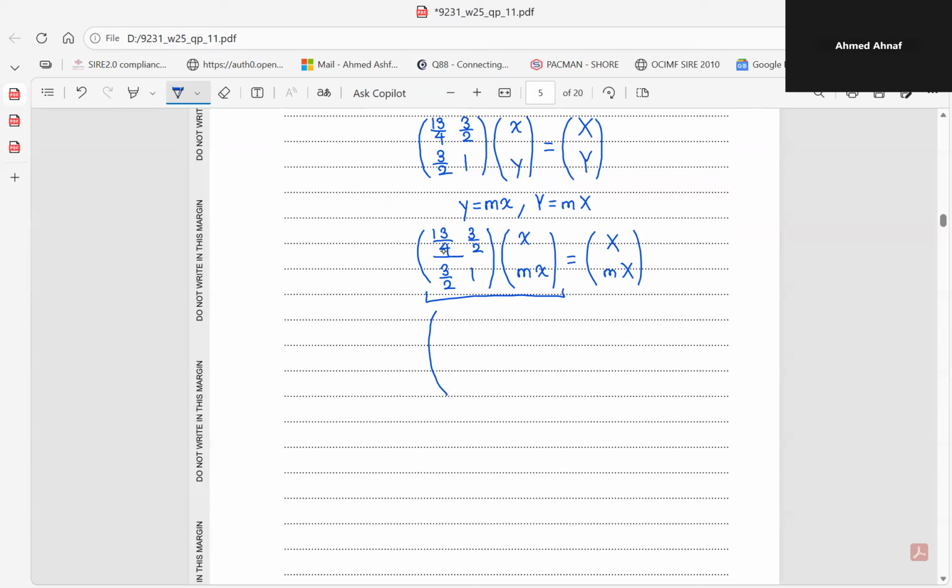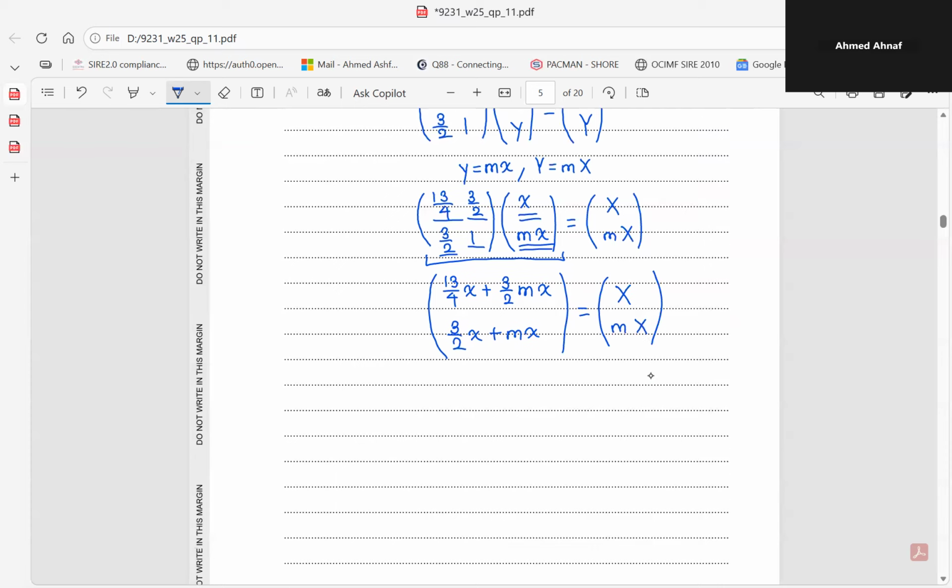So 13/4 times x, that's 13/4 x plus 3/2 times mx, 3/2 mx, then 3/2 times x plus 1 times mx, plus mx. Yep, that is equal to big X, m big X.